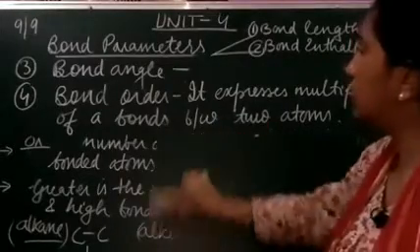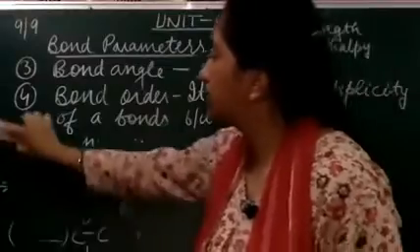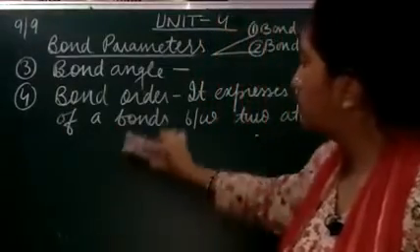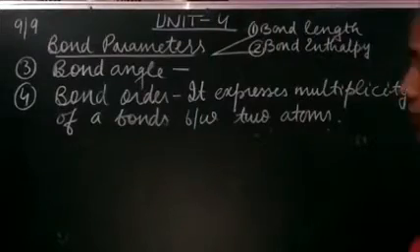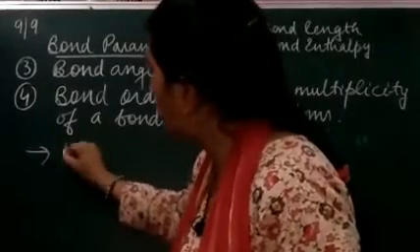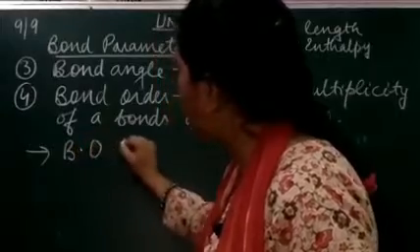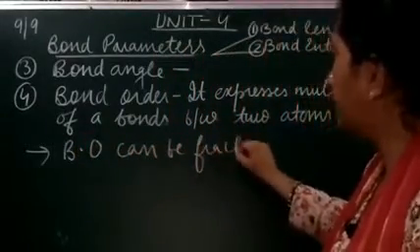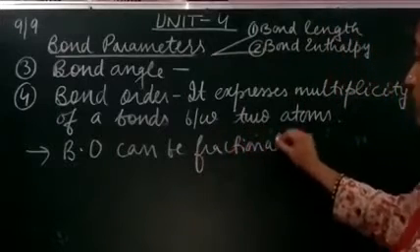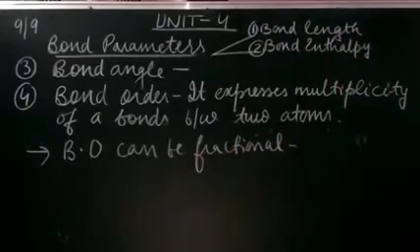When you do the MOT, that is the molecular orbital theory, you will come to know how we get the bond order in fractions also. So the next point is that bond order can be fractional.